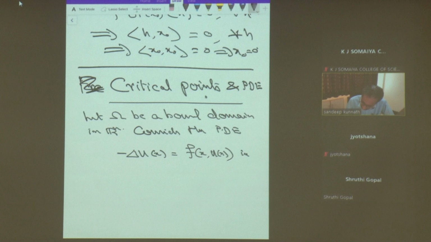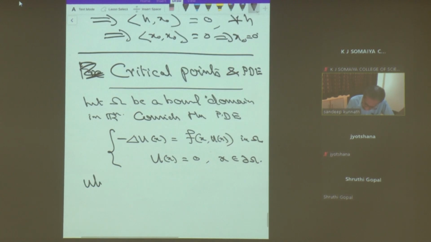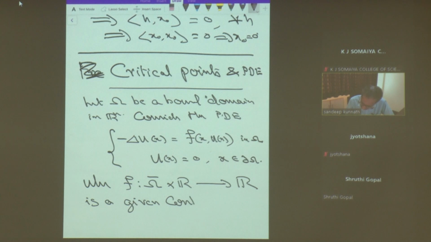This should be in omega, and u of x is equal to 0 for x on the boundary of omega, where f is defined from omega closure cross R to R, a given continuous function.